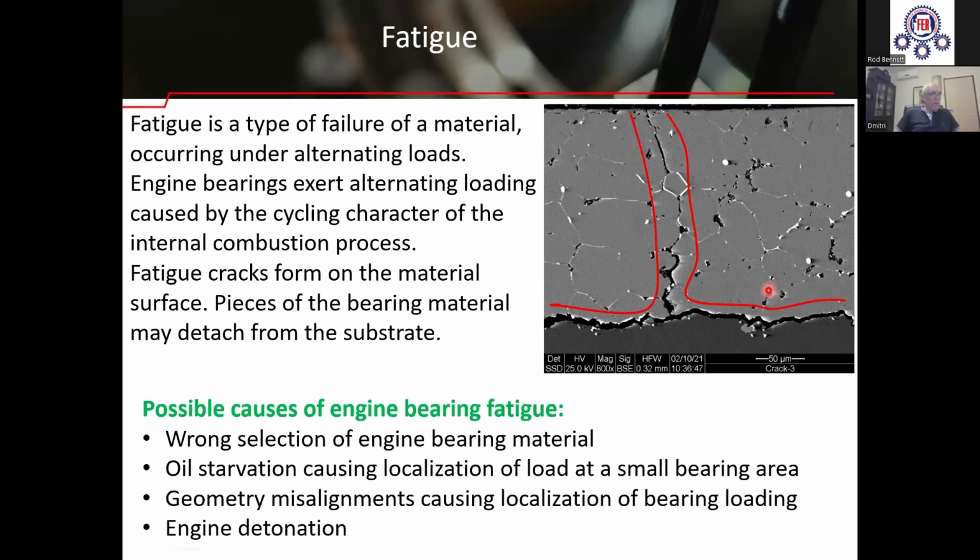What are the probable causes of engine bearing fatigue? First of all, the wrong selection of engine bearing material.